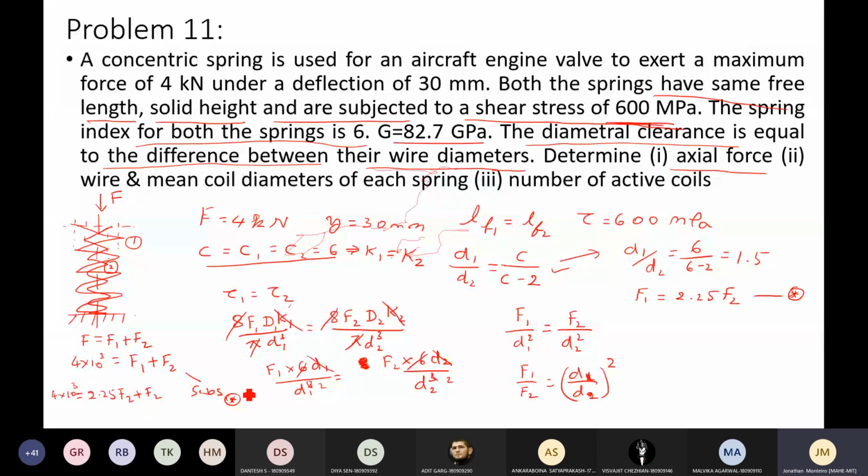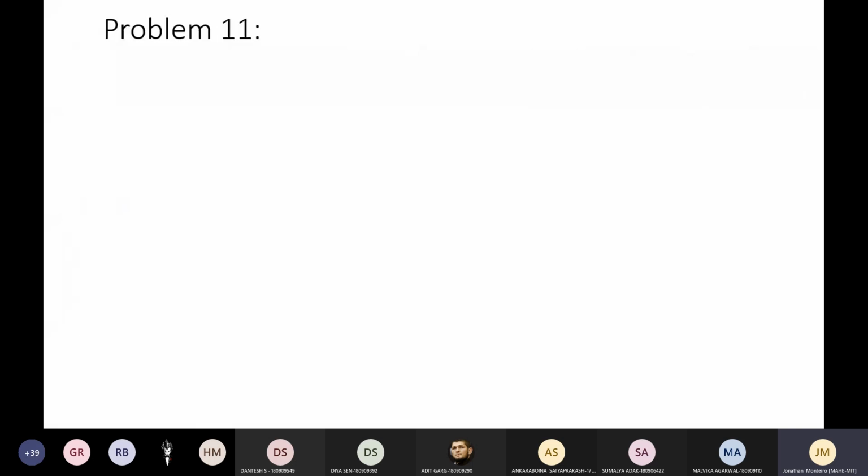So solving this, you should get what are F2 and F1, that is the actual forces on each of the springs. Sir, F2 is 1.23 kilonewton and F1 is 2.76 kilonewton. Yes, correct. So I'll write it in the next slide here.